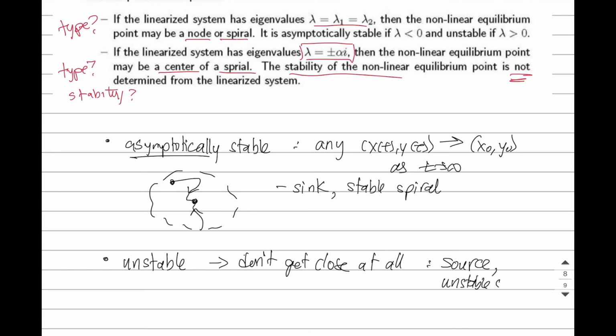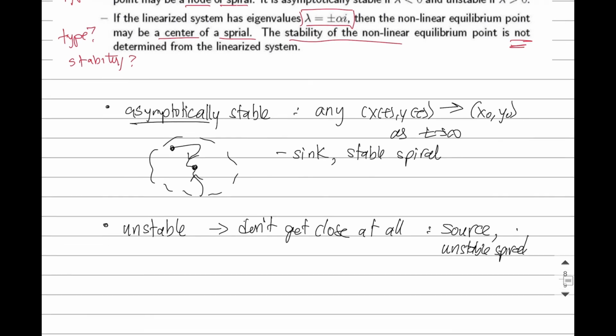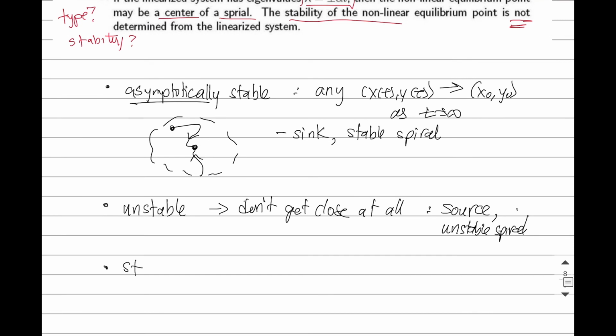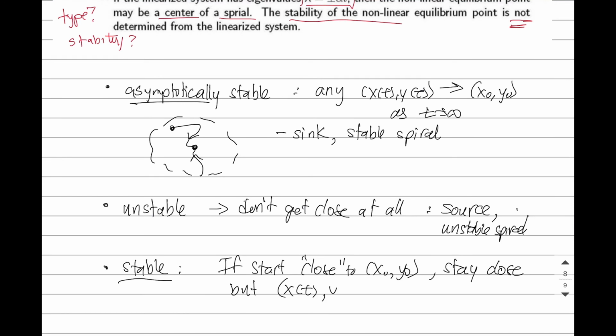Now, there's something that's just called plain old stable. When you have a stable equilibrium point, if you start close or near to the equilibrium point, you stay close. But you don't necessarily get sucked into the equilibrium point.